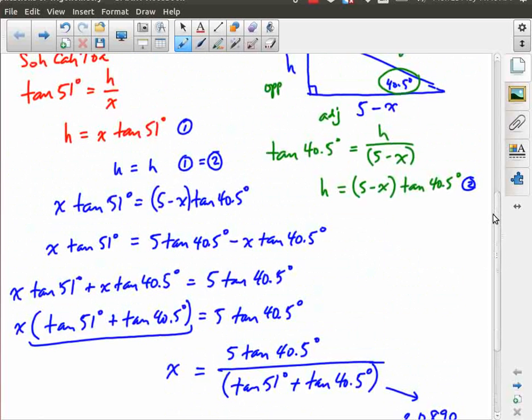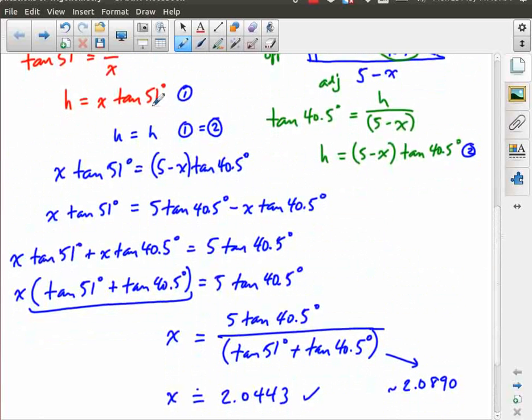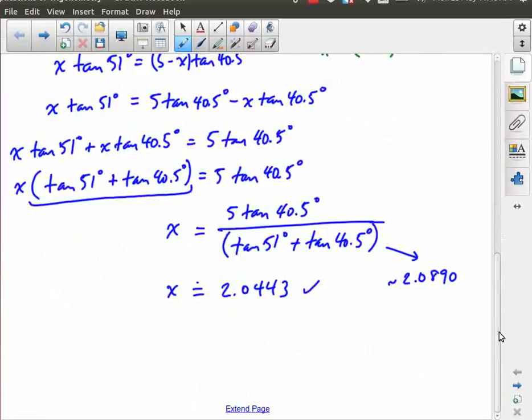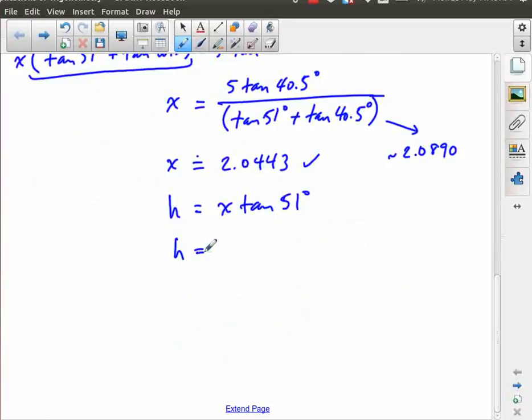Then I'm going to go back here because I need to solve for h. I'm going to take this value, h equals x tan 51 degrees. Notice I'm not even going to write this here, I'm using this value that's still in my calculator, and I multiply that by the tan of 51 degrees, and I end up with 2.5244.